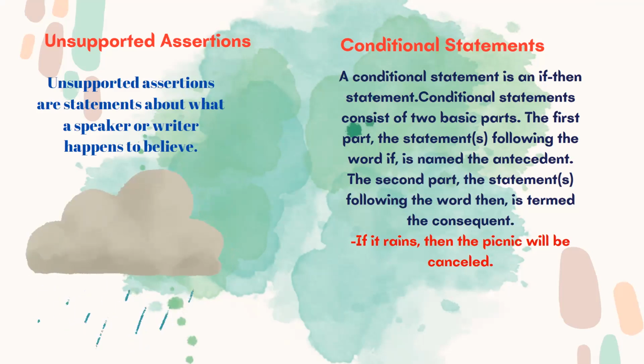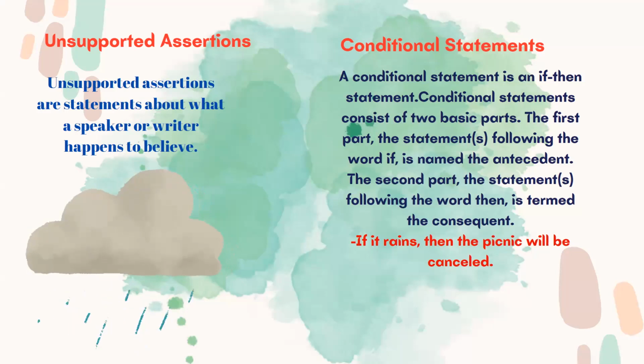And the other one, conditional statement. A conditional statement is an if-then statement. Conditional statements are made up of two basic parts. The first part, the statement following the word if, is named the antecedent.